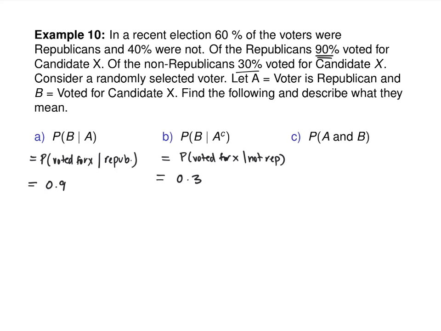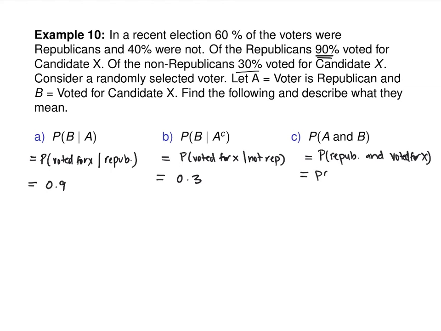And the probability of A and B, what's the probability that you are Republican and voted for X? And we can use rule 3a to figure this out.